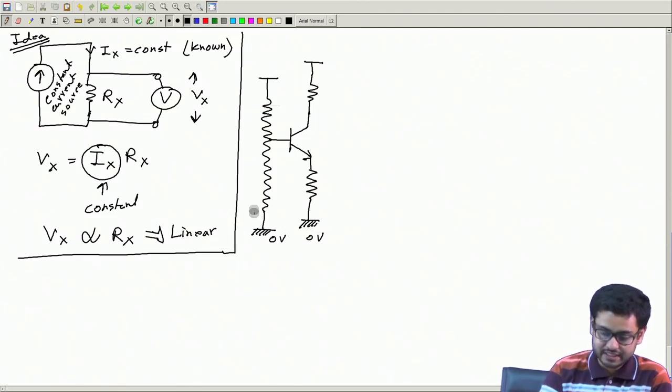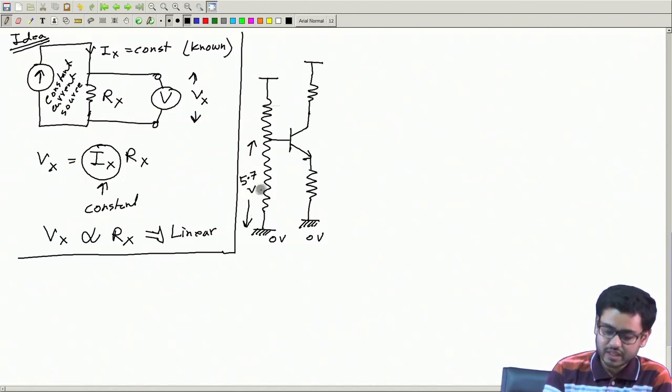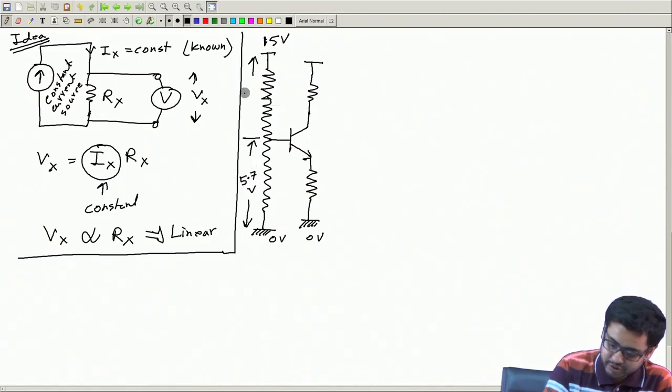I will take it in a way such that this voltage is 5.7 volt from here to here, and here I can take, say, 9.3 volt. So, then this 5.7 plus 9.3 will actually be 15 volt. I actually calculated 15 first, and then 15 minus 5.7 is 9.3 volt.